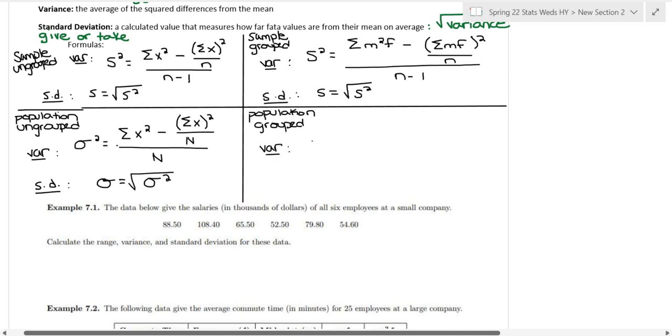We have sigma squared is going to equal the sum of M squared times F minus the sum of M times F squared, and then that over N, and then the whole thing over N. And standard deviation will be the square root.